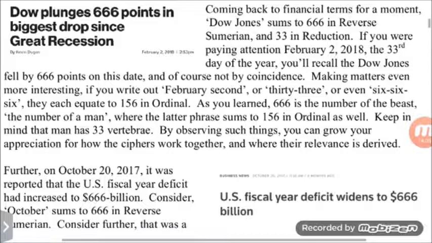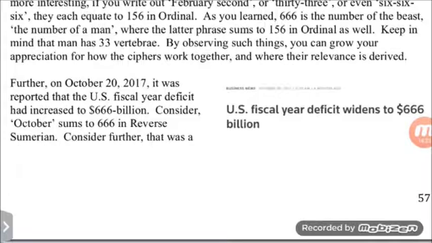Keep in mind that man has 33 vertebrae. By observing such things, you can grow your appreciation for how the ciphers work together, and where their relevance is derived. Further, on October 20, 2017, it was reported that the U.S. fiscal year deficit had decreased to $666 billion. Consider October sums to 666 in reverse Sumerian.